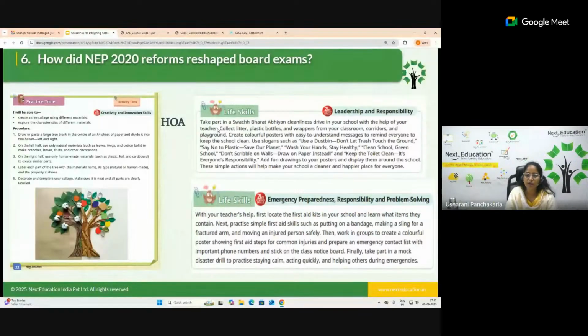Maybe it can be Swachh Bharat Abhiyan, so they find slogans and stick them on their class notice board and the school notice board, and even go and clean the school campus. In one more activity, we are asking them to set up a first aid kit in the classroom by finding out how to apply an antiseptic or a lotion or a band-aid, or put a sling on a fractured arm, so that in times of crisis these students can become volunteers.